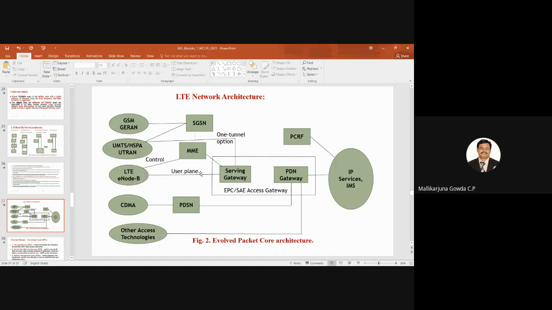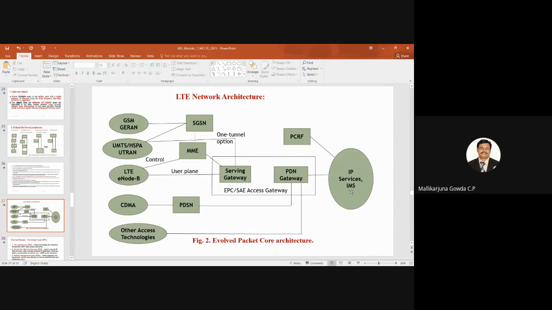Another one is user plane. The serving gateway and public data network gateway, these are the two different network elements, and these two together are known as evolved packet core or system architecture evolution access gateway we call. From P gateway, it is connected to IP services and IMS.